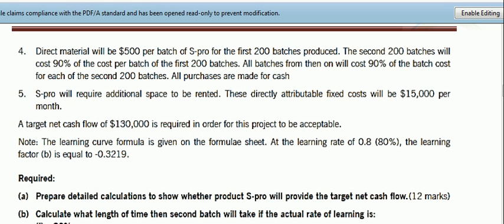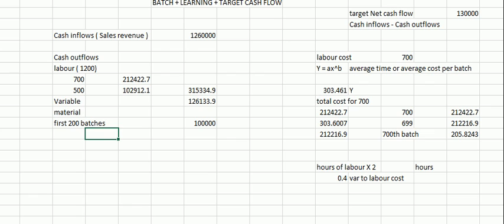It then says that the second 200 batches will cost 90% of the cost per batch of the first 200 batches. So the second 200 batches will actually cost us 500 into 90%, so 200 multiplied by 450.